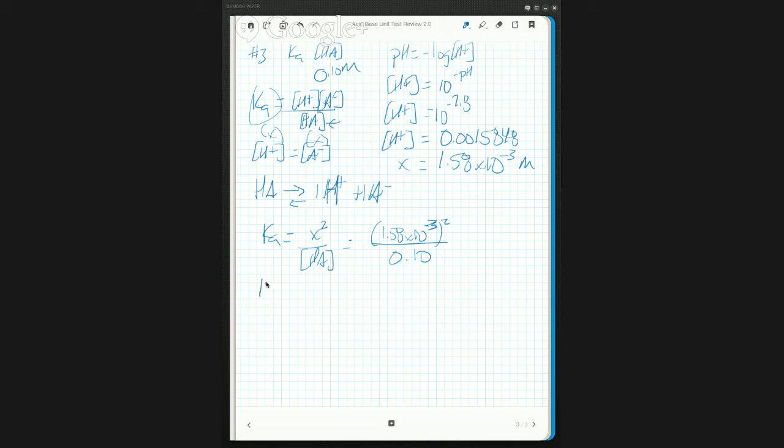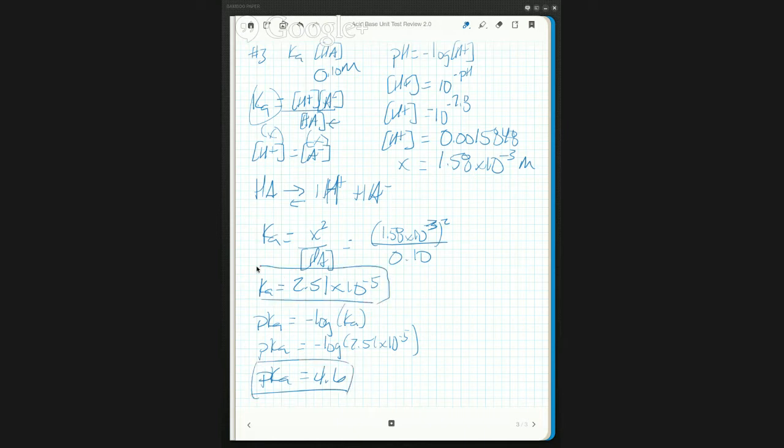For the Ka, my answer becomes 2.51 times 10 to the negative fifth, and pKa is equal to negative log of the Ka, which means pKa is equal to negative log of 2.51 times 10 to the negative fifth. So negative log of that answer, and my pKa ends up being 4.6. So that's my pKa, that's my Ka.